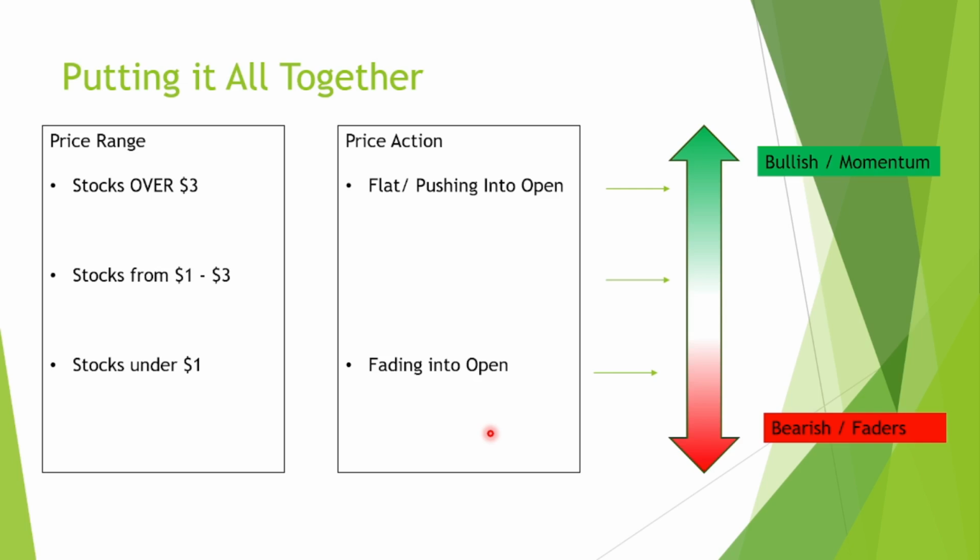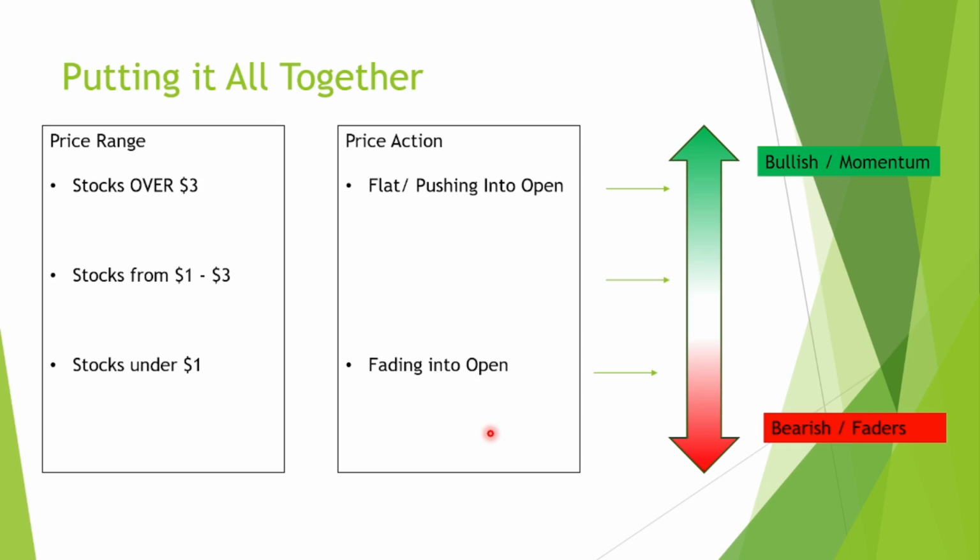So putting it all together, for price range, we're looking for stocks over $3 that are opening over $3. Stocks from $1 to $3 are kind of neutral. We don't know, but we like those over the stocks under $1. Stocks under $1 tend to be bearish.